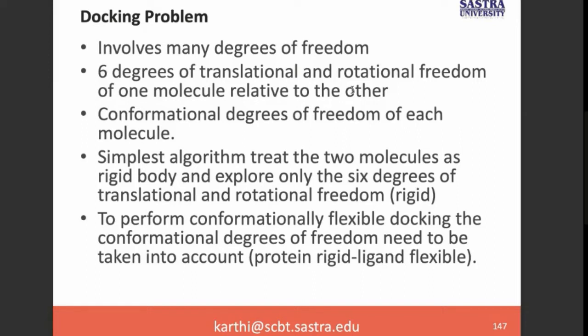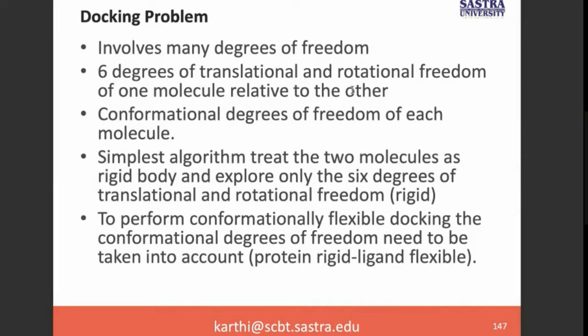Translation, rotation, along with the conformational degrees of freedom, is why flexible docking algorithms are advanced algorithms. Even if you give flexibility to the entire ligand molecule, ligands have very few carbon-carbon single bonds. We can easily manage the three translational and three rotational degrees of freedom along with many conformational degrees of freedom for the ligand.